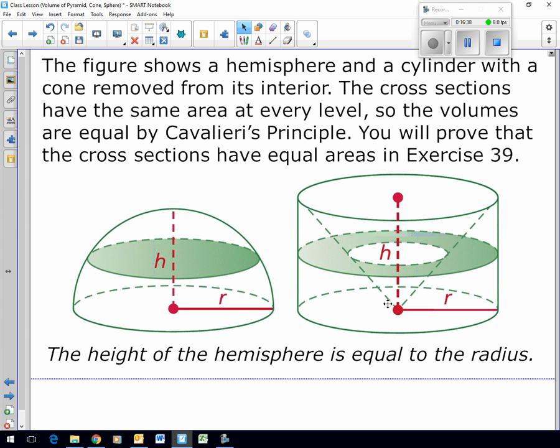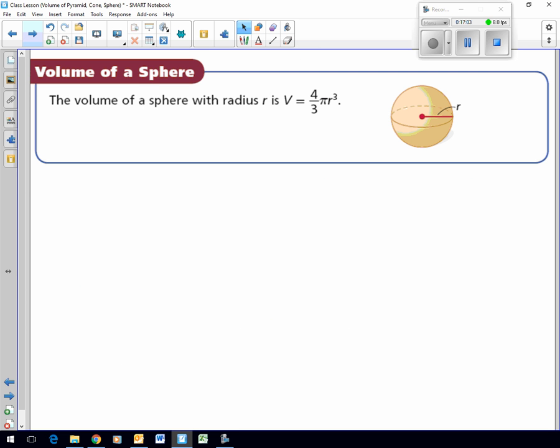Right? I don't care what it looks like. If I took a cone out of this, and the cone, the cylinder, and the hemisphere have the same radius, and I set it at the same height, they have the same volume. Okay? That's Cavalieri's principle again. I don't think I did too much of that for you today, but I did a little bit.